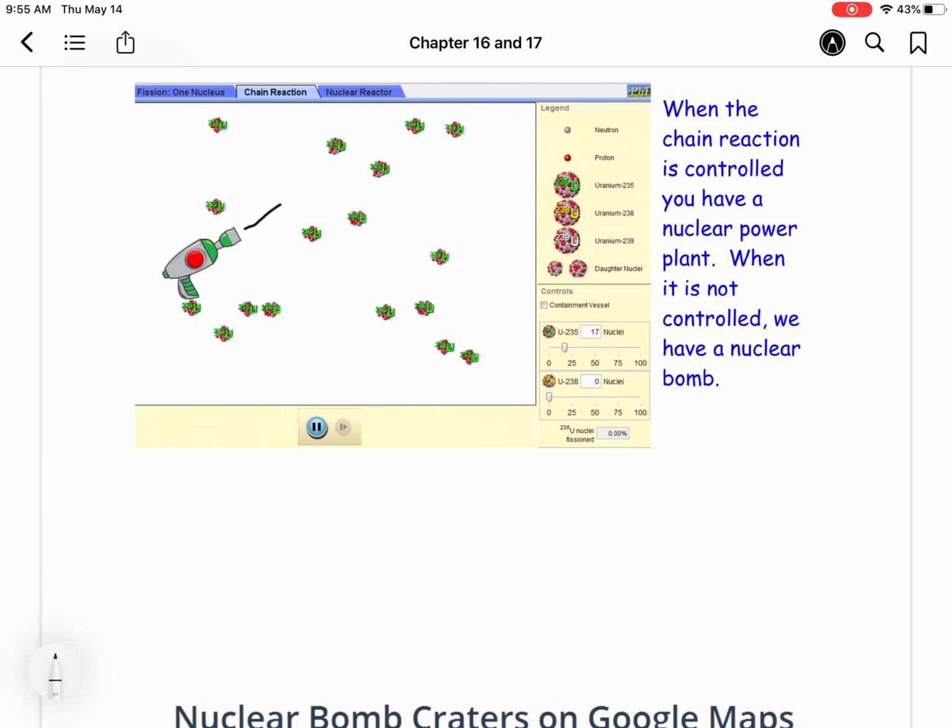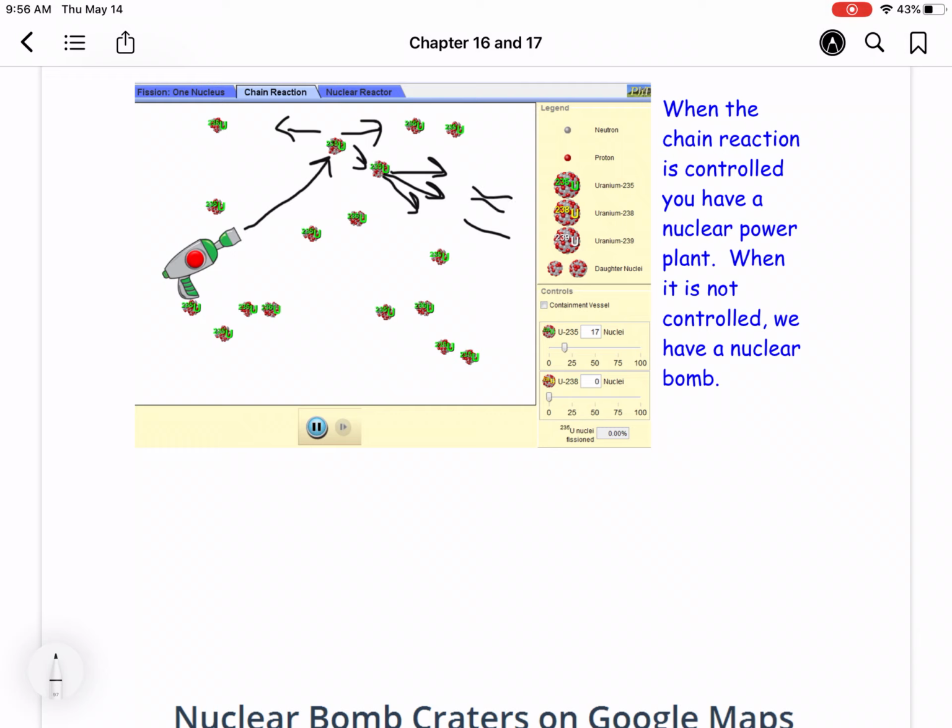That neutron gets fired, and it hits this one, which splits, and then it sends out three new neutrons, and it hits another three. These three might not even go in the direction, they just end up going off on their own. And so you get a little bit of energy from this.